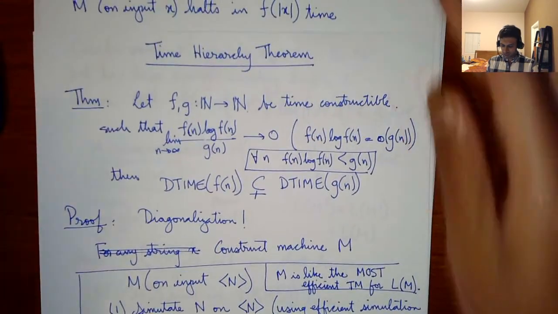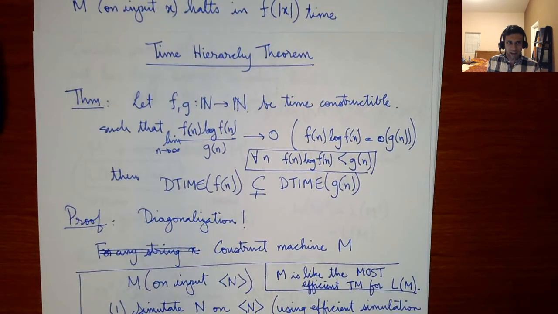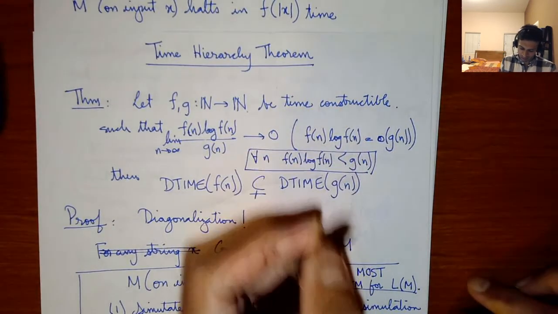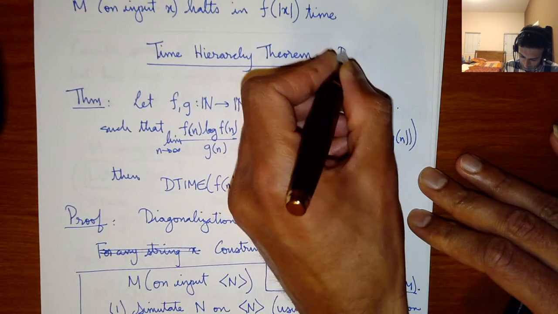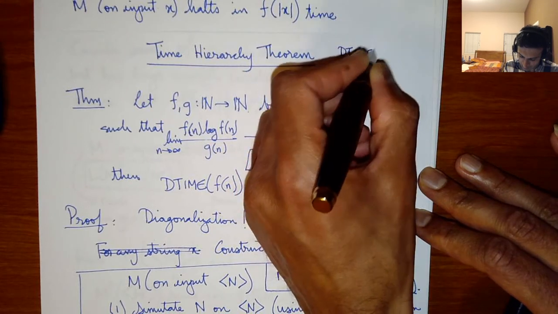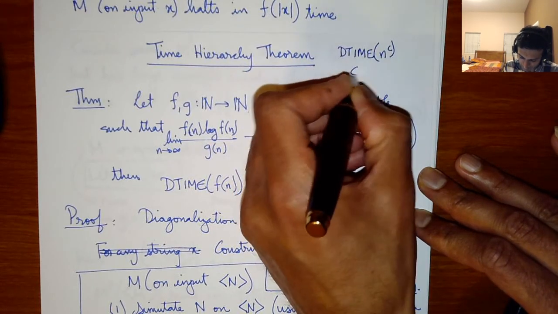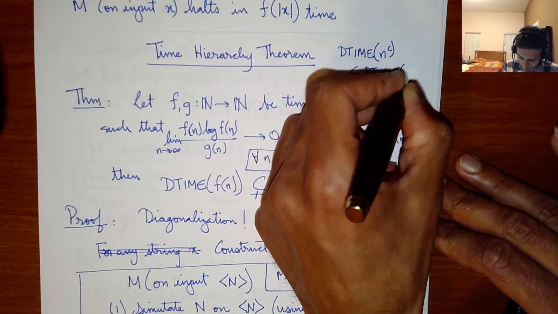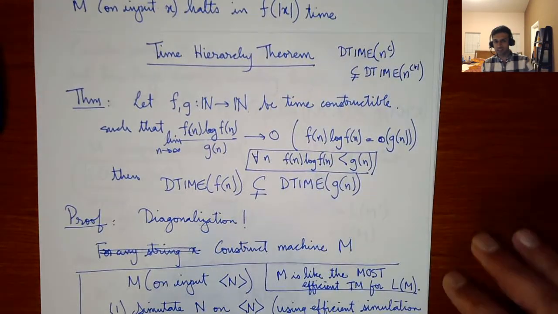If f and g are arbitrary, it might be hard. But actually, it is known that if f and g are polynomials, suppose you wanted to say that DTIME of n to the c is a strict subset of DTIME of n to the c plus 1, something like that.